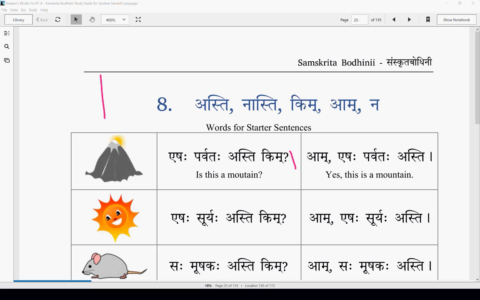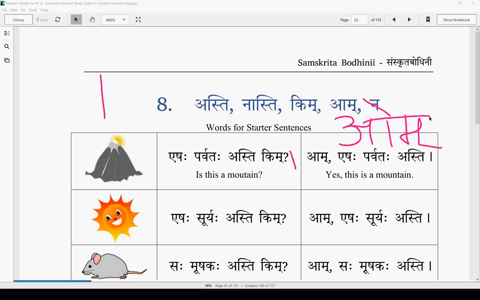Eshaha Parvatah Asti Kim. Now the answer would be Am Eshaha Parvatah Asti. In Sanskrit Bhasha, there are a few other words which are possible to say yes. One of them is Am. There is another word called Om also. Many of you know Om, that Om is like God, Supreme Being, Parabrahma. But in Sanskrit Bhasha, Om also means yes. It can also be written as just Om, and we don't pronounce it the same way when we are saying yes.